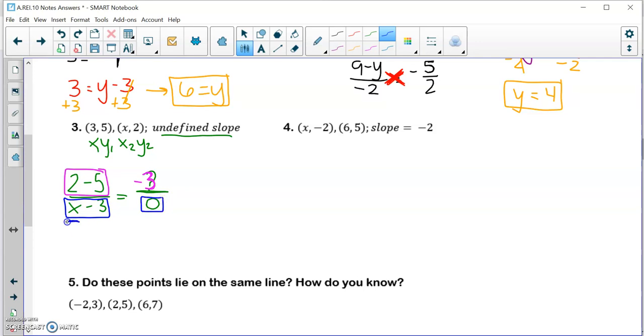Well, what value of x would make the first denominator 0? How you would figure that out is you would just set the denominator of your first fraction equal to the denominator of your second fraction, and then you would solve for x. X would need to be a value of 3.